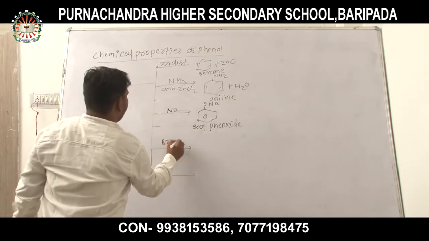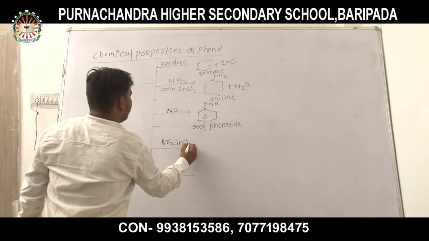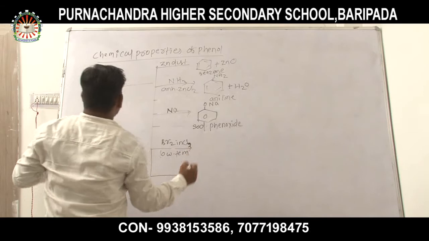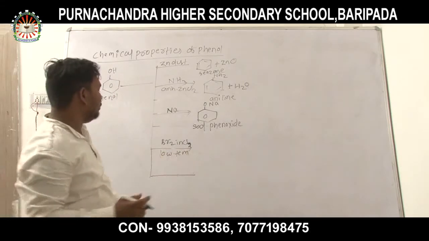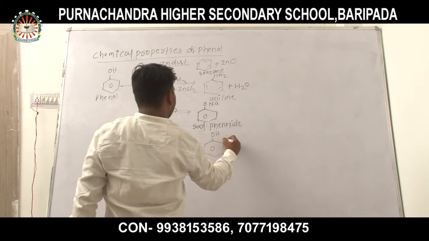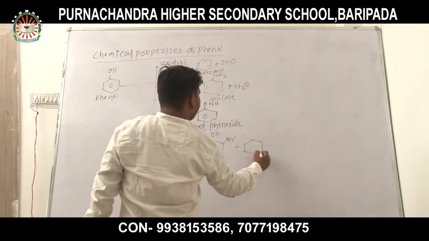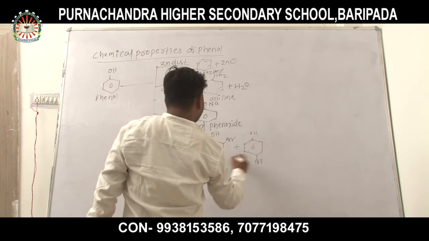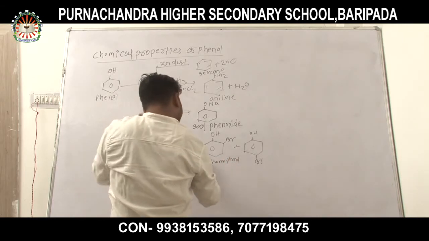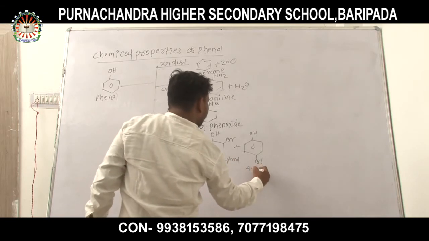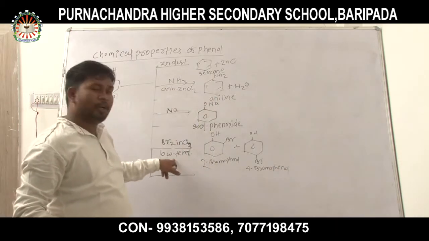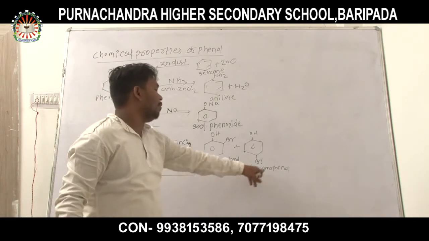Again, when phenol is treated with bromine in CS2 at a low temperature, then 2-bromophenol and 4-bromophenol are formed.